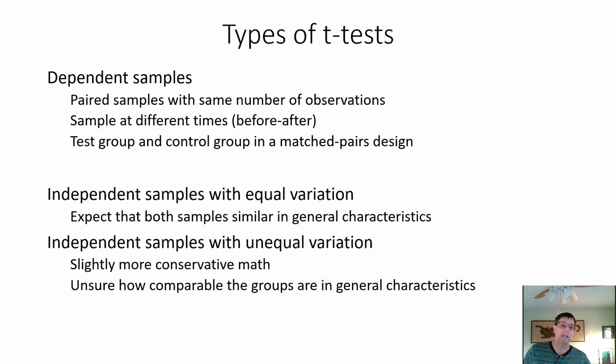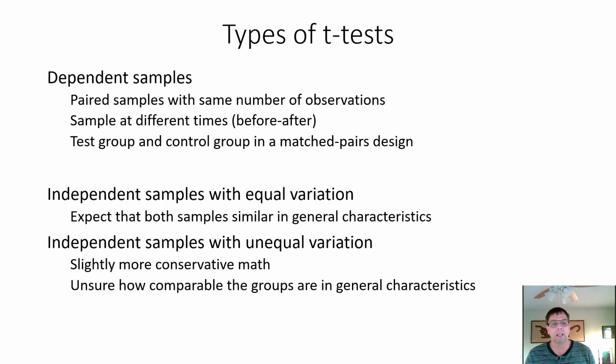The other types of tests: independent samples with equal variation. So this means that you don't have to have the same number of observations in each sample for the independent samples, and the samples have to be related somehow, because otherwise what's the point of comparing them, but it's not like the same individuals before and after.